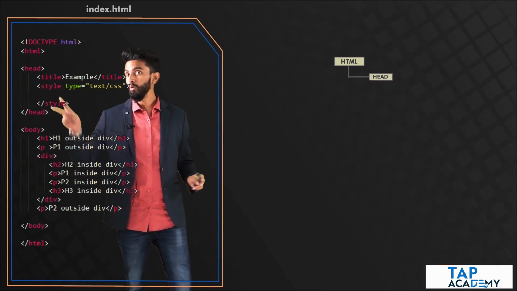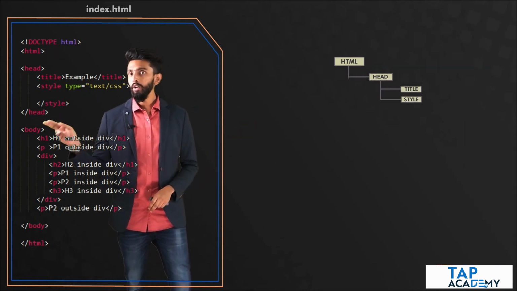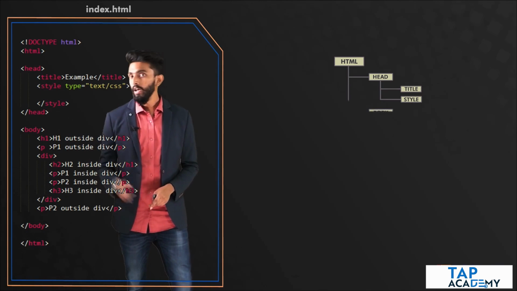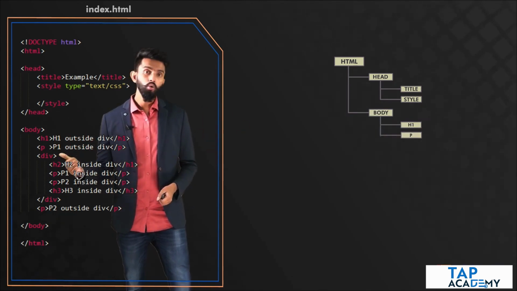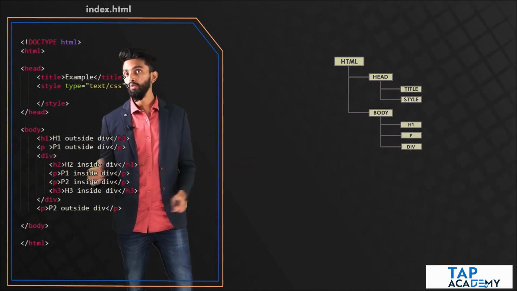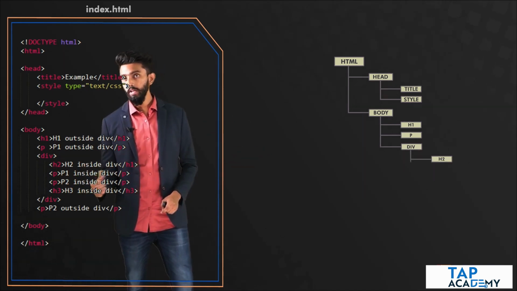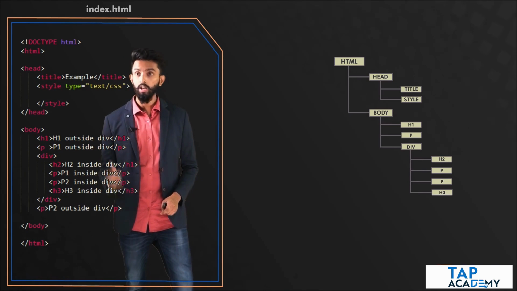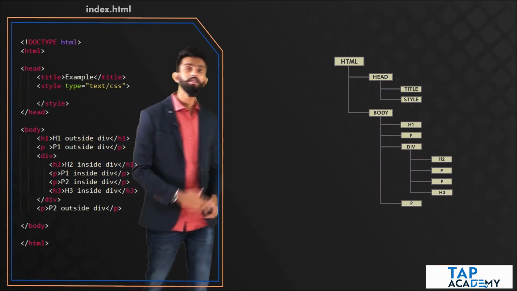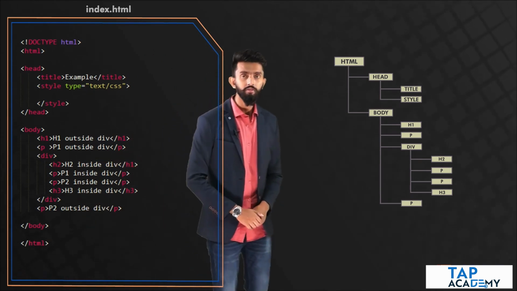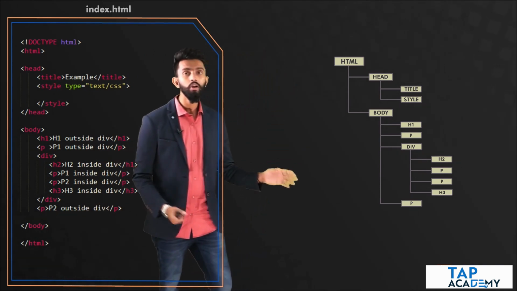Further inside head, you have two tags, title and style. Then you have another tag called body. Inside that body tag, you have h1, you have p, you have div. Inside div, you further have h2, you have p, and you have h3. Then inside the body, you have another p tag, the last p tag which I have. Any confusion till here? This is what the tree looks like.